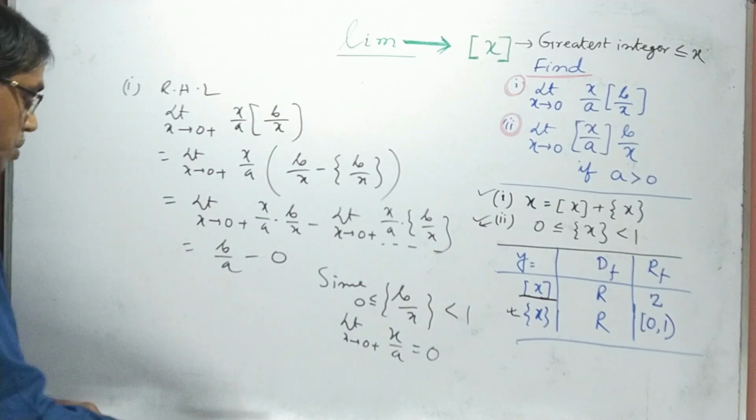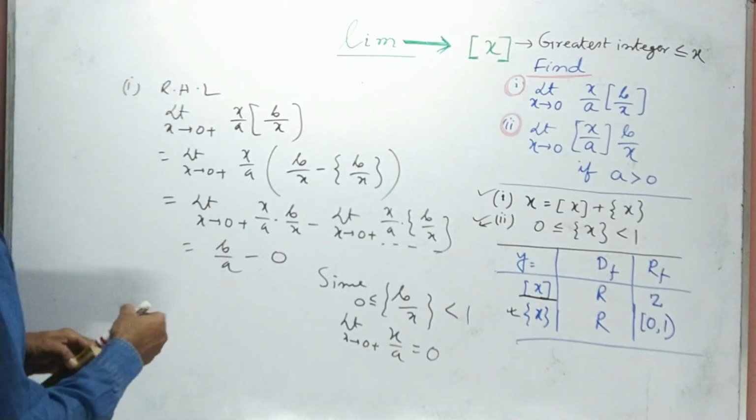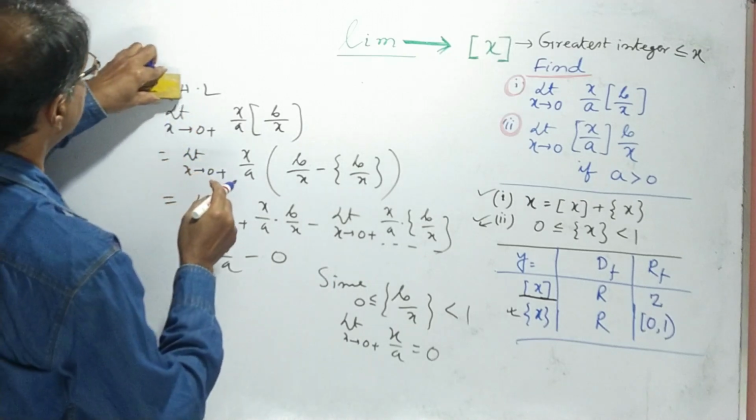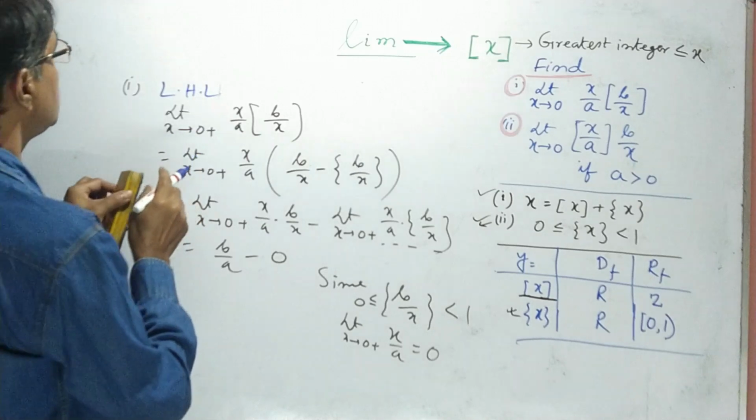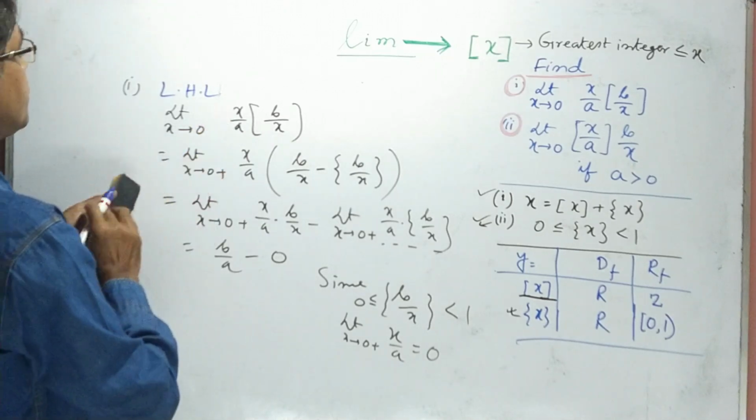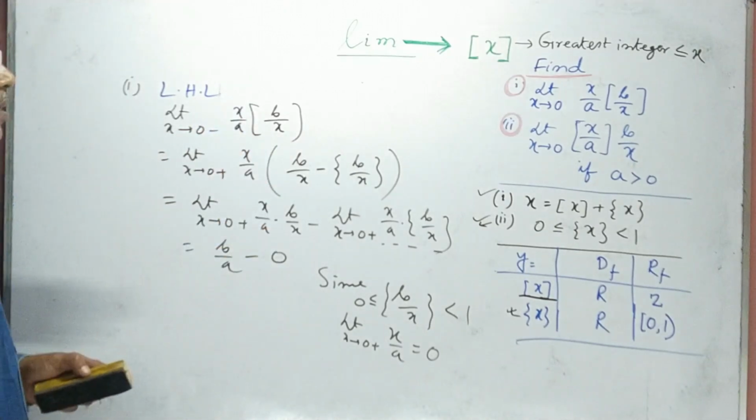Similarly, in case of the left hand limit, limit x tends to 0 minus of x by a into the greatest integer of b by x.